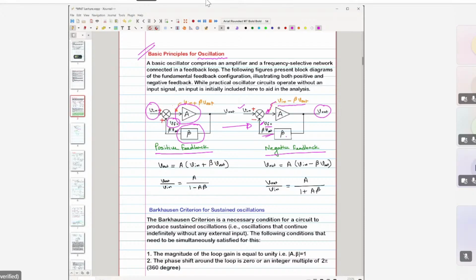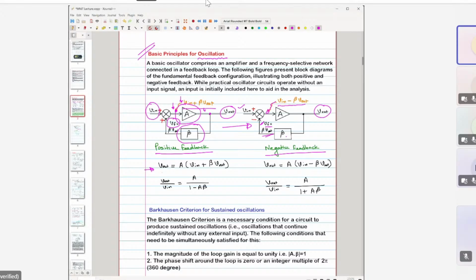After the mixer, the resultant signal is V in plus beta V out. Then V out is whatever the input signal here is, multiplied by the gain A. That produces this output voltage, which I have written here.